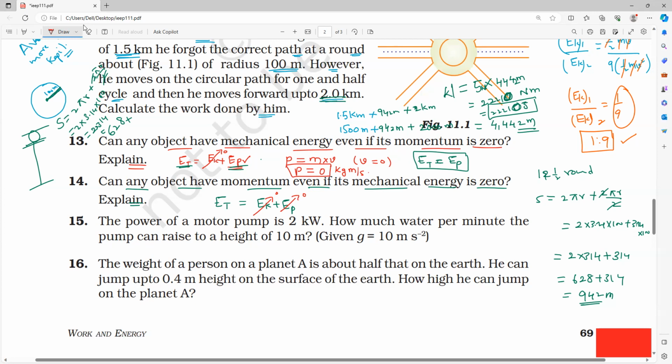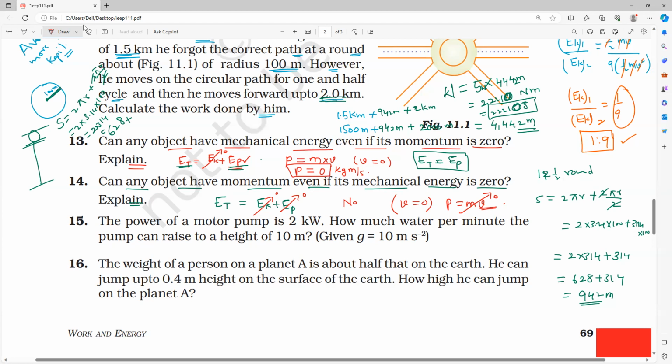No. Why? If mechanical energy is 0, both kinetic energy and potential energy are 0. If kinetic energy is 0, then velocity becomes 0. If velocity becomes 0, then momentum also becomes 0. Do you all understand, everybody?